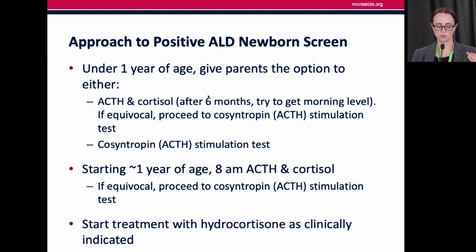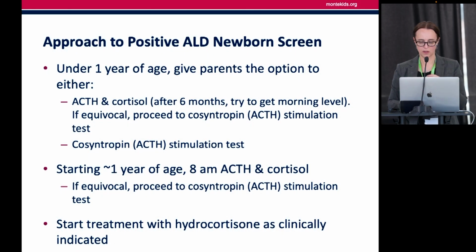Then starting at 1 year of age, when the sleep patterns are a little more predictable, trying to start everyone at 8 a.m. is helpful. But again, if you're getting equivocal results, what to do and how often you need to stim is a little tricky. And when to start treatment, whether it's stress or daily treatment, can also be difficult.